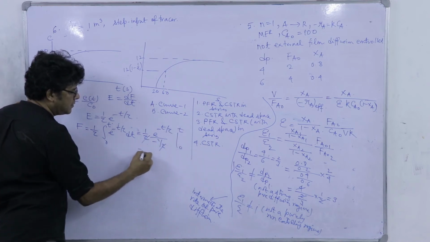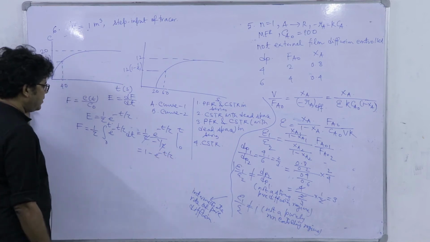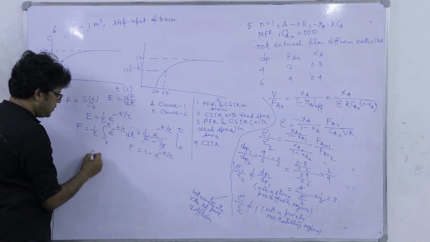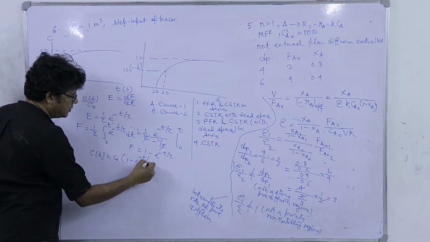So, tau cancels out, it is 1 minus e to the power minus t by tau, that is F. So, Ct will be equal to C naught into 1 minus e to the power minus t by tau.